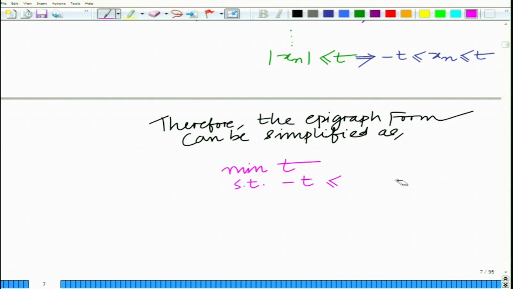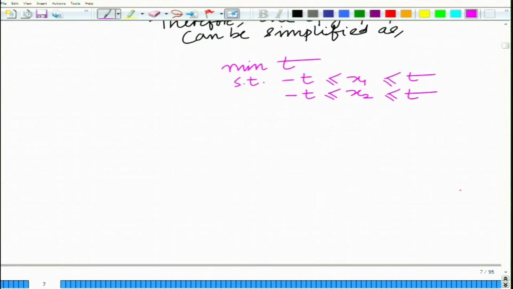In fact, let me write it explicitly to illustrate it. Minus t less than or equal to x1 less than or equal to t, minus t less than or equal to x2 less than or equal to t, and so on, minus t less than or equal to xn less than or equal to t, and the original constraints are always there, that is x bar belongs to this set S. This is something that is more intuitive.